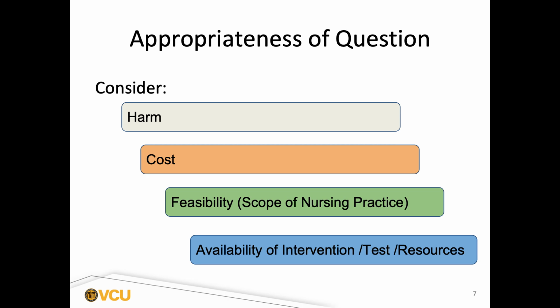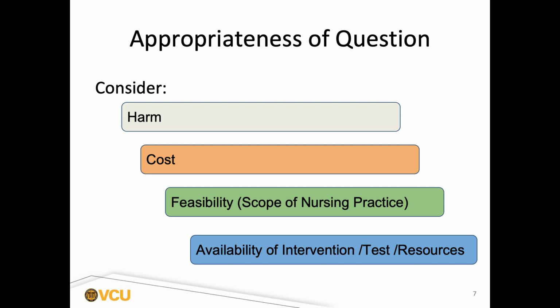When developing your question and the problem you want to address, you may want to consider four things. First off, is your topic or problem one that causes great harm or is of great importance to the unit or organization? This is especially true when the problem that you want to solve is not something that clearly aligns with hospital goals or unit goals.